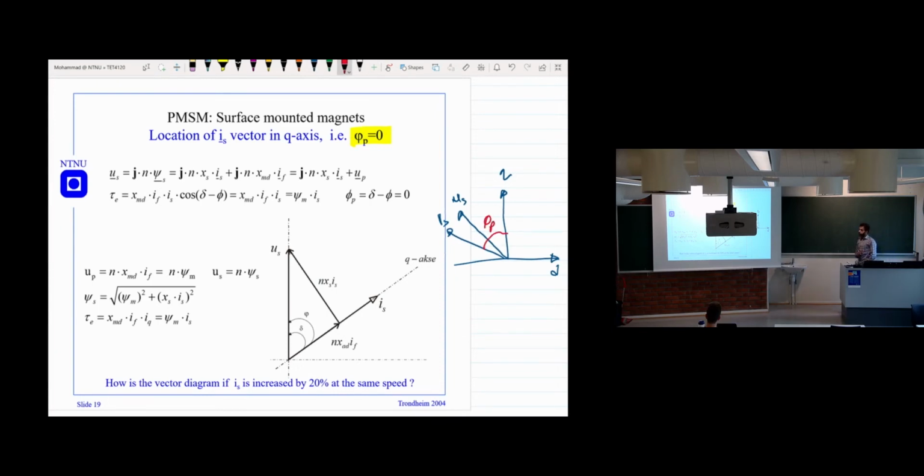This is the angle between the q-axis and the stator current. So in this control, what we are doing is making this current angle 0.